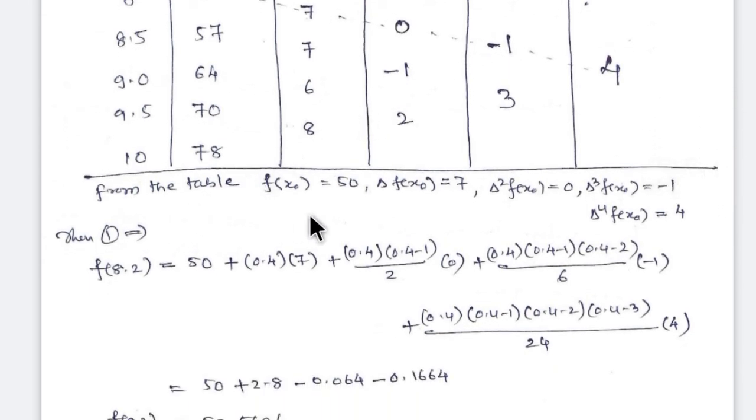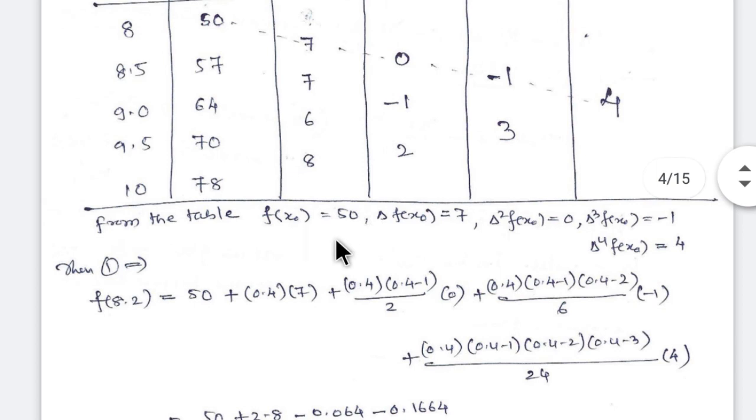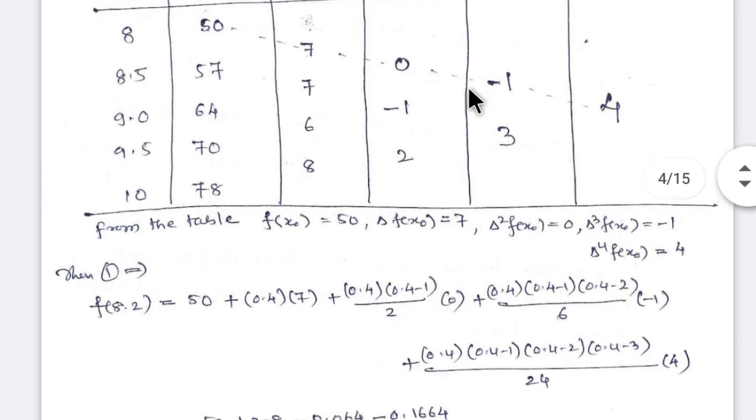From the table, you know that 8.2 is at the beginning of the table. So whatever I have marked here, all the difference values are taken which lie at the beginning of the table. f of x naught is 50, delta of f of x naught is 7, delta square of f of x naught is 0, delta cube of f of x naught is minus 1, and delta fourth of f of x naught equal to 4.